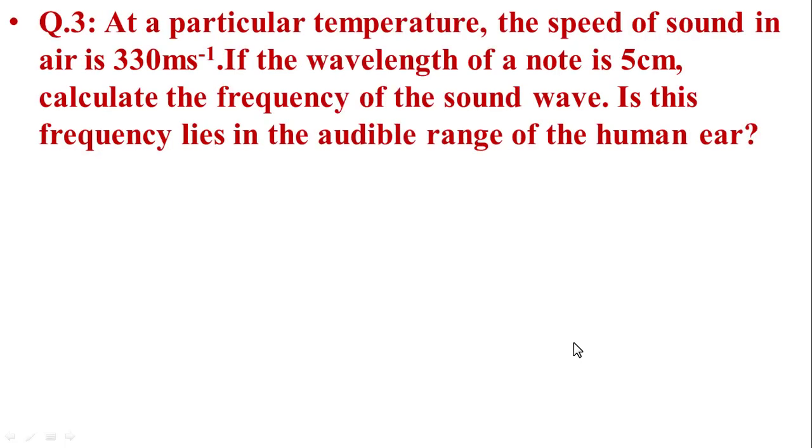Now, in question number 3, at a particular temperature, the speed of sound in air is 330 meters per second. If the wavelength of a note is 5 centimeters, calculate the frequency of the sound wave.